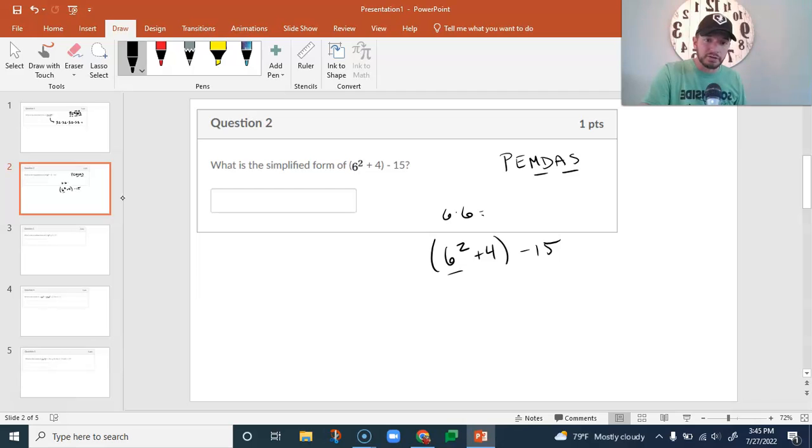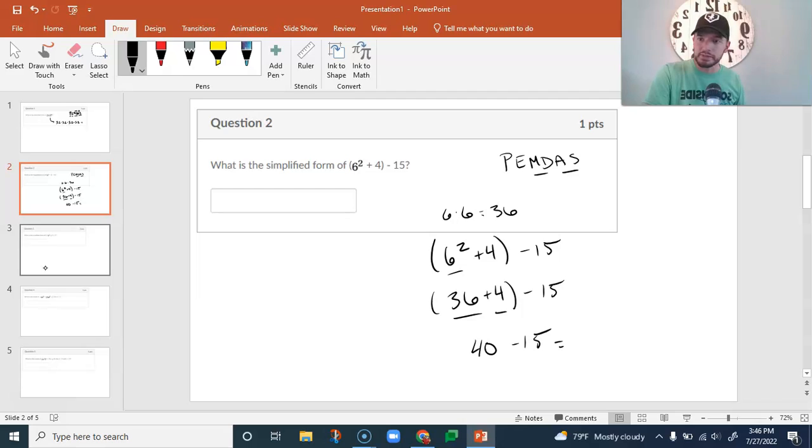If you put that in your calculator, you're going to get 36. So now we have 36 plus 4 minus 15. So again, here you're going to go ahead and add these two together now, because we have to deal with the parentheses first, so that's going to be 40 minus 15, and then that will get you your answer for number 2. Okay, nice and easy.